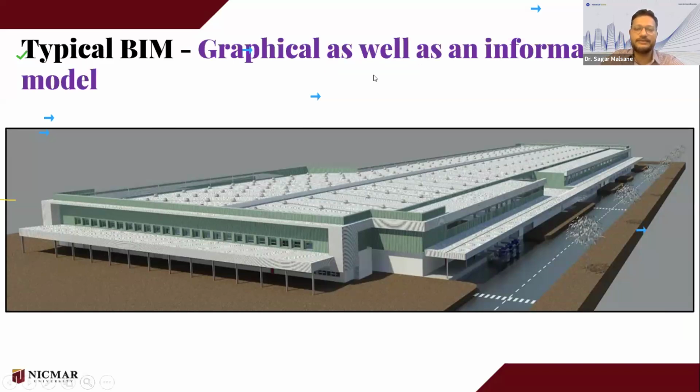I can extract material quantities from this model. I can extract the number of doors, number of windows. I can filter out data floor wise, or source wise or discipline wise. Like I can filter the architectural data, I can filter the structural elements, I can filter the MEP system related information, etc.